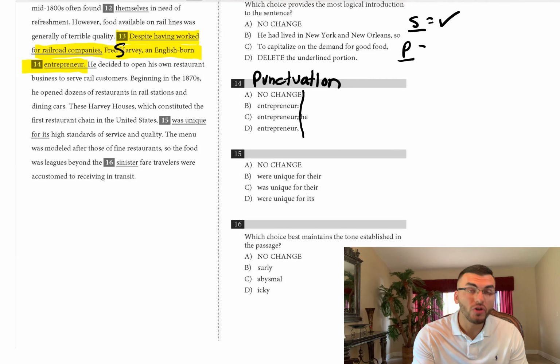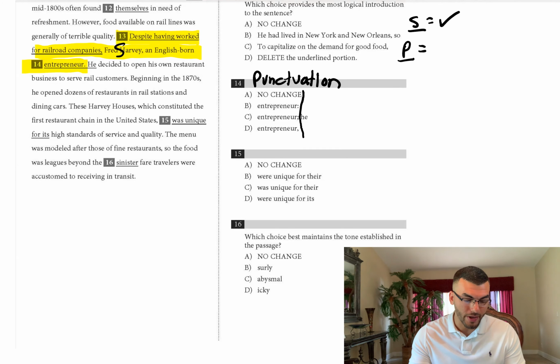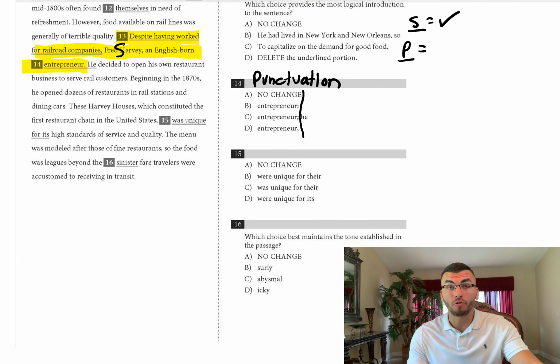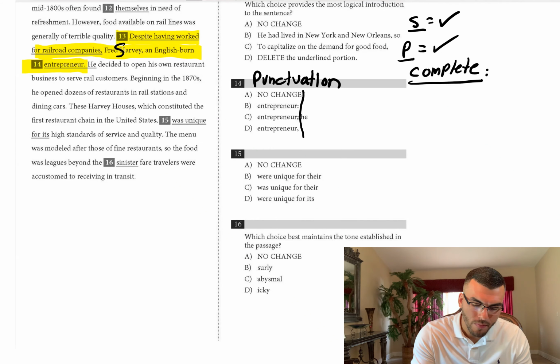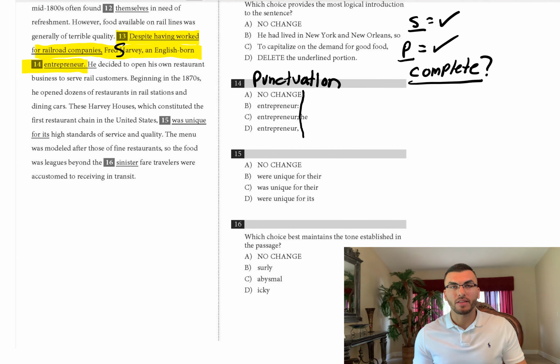What is Fred Harvey doing in that sentence? What's the predicate? What's the action that Fred Harvey is doing? He worked for railroad companies. Having worked for railroad companies, so yeah, it does have a predicate. Is it a complete thought? Read that carefully.